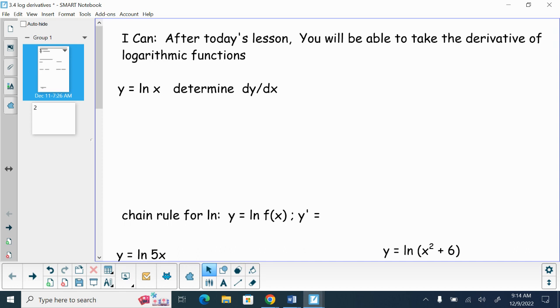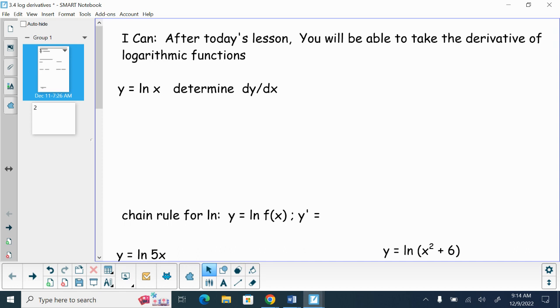If I would try the limit as h approaches 0 of ln of x plus h minus ln of x all over h, doesn't really help us out too much. So how do we deal with the logarithms? How do we deal with the ln's?